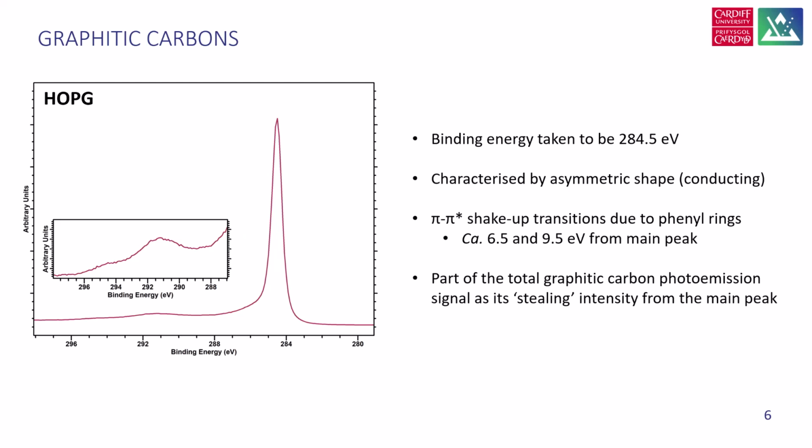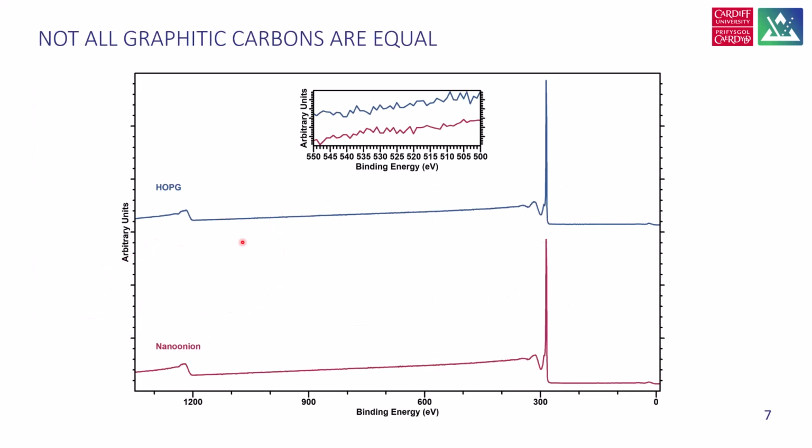So that's all well and good, but we have to be careful when we talk about graphitic carbons, because not all graphitic carbons are equal. Here we have two spectra for what look to be nominally the same material. Again, this is the survey spectrum, so we can see our carbon 1s core levels, energy loss processes, and a carbon Auger up here at the higher binding energy, low kinetic energy side.